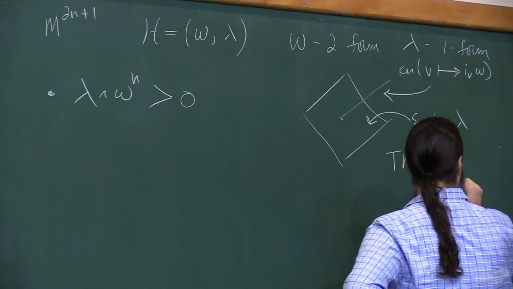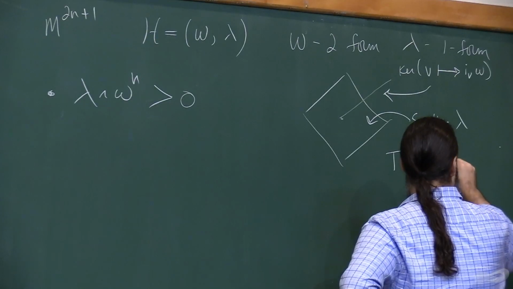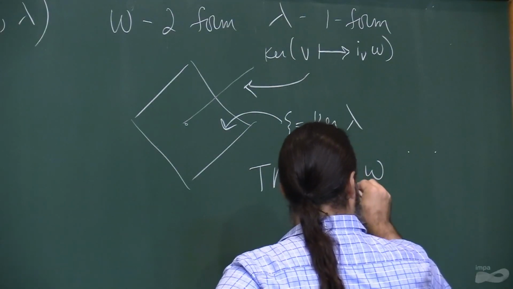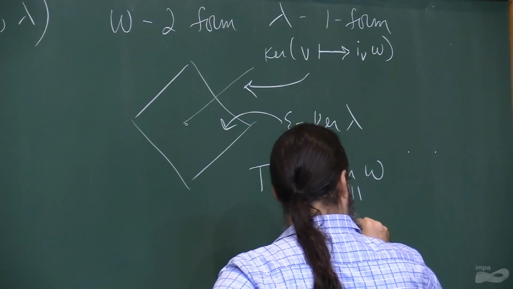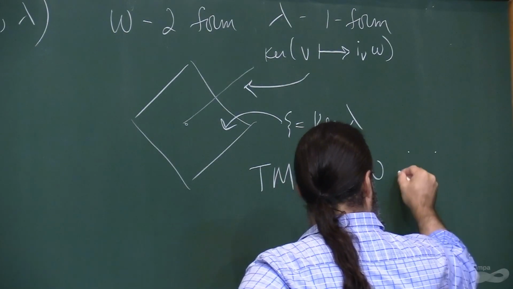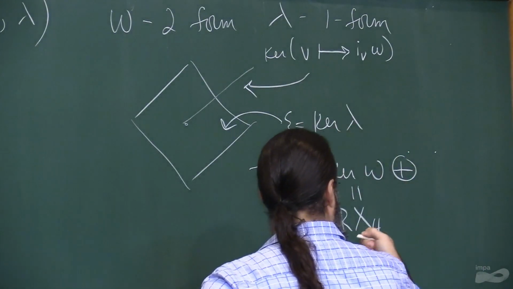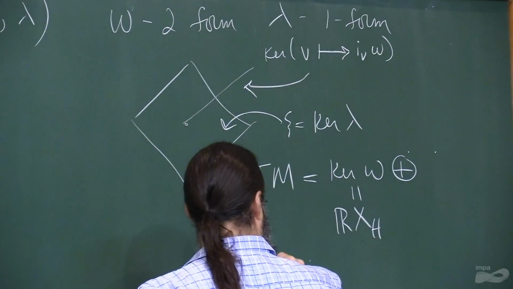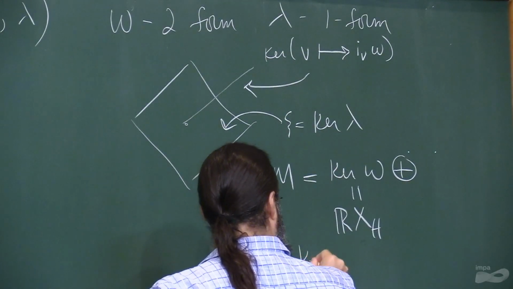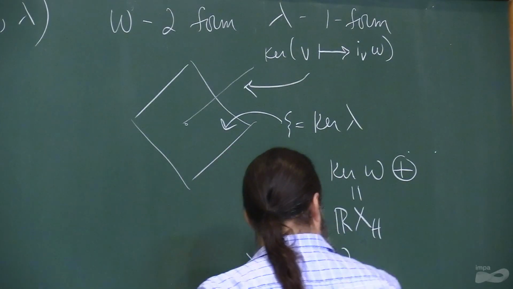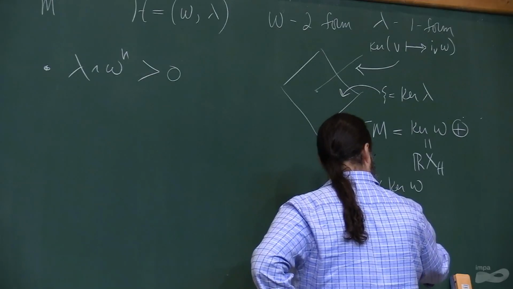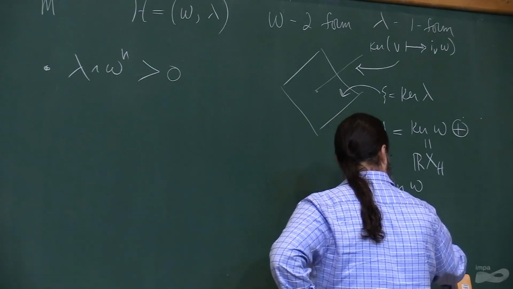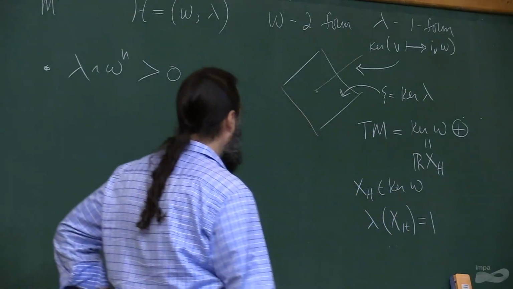So we get this splitting of the tangent space into a line bundle that's kernel omega, and we can actually break that down further by looking at a vector field X_H in kernel omega that normalizes to length 1 with this 1-form lambda.